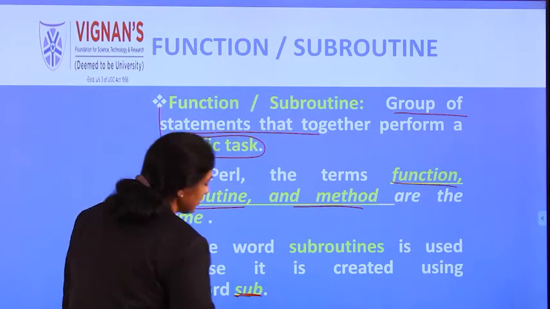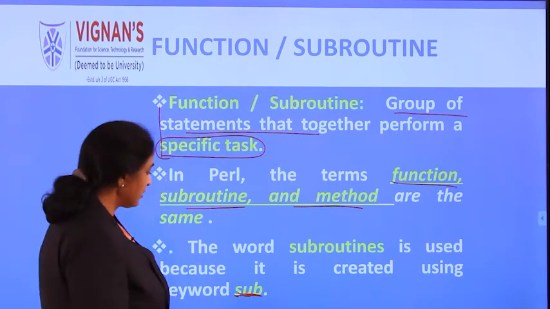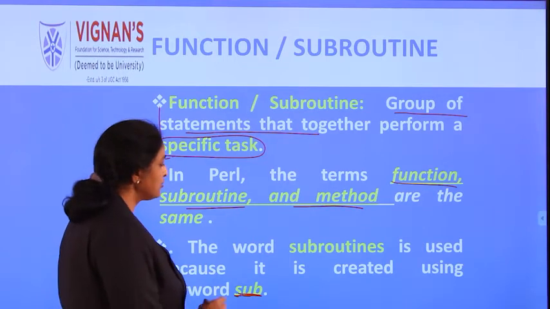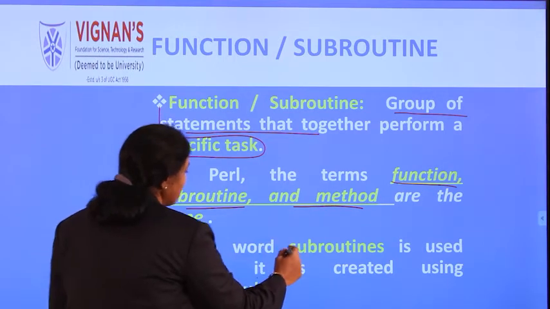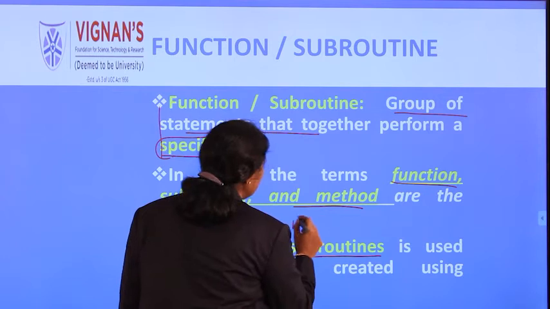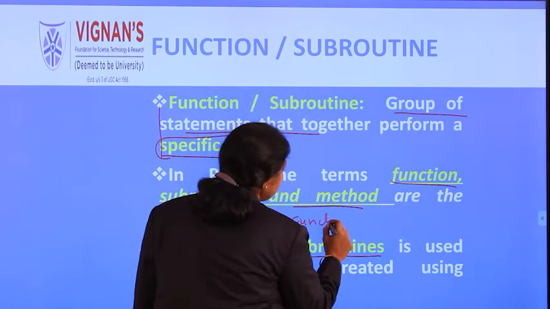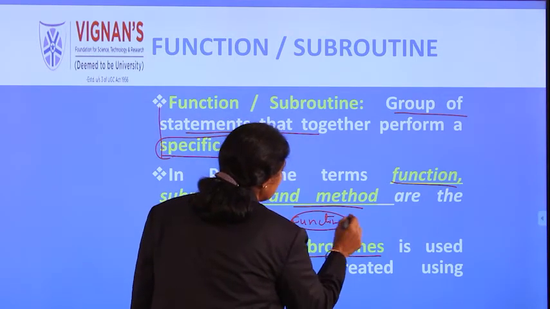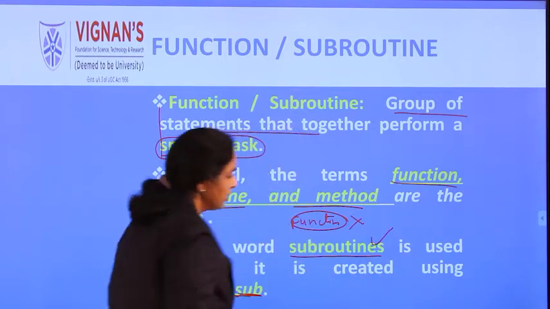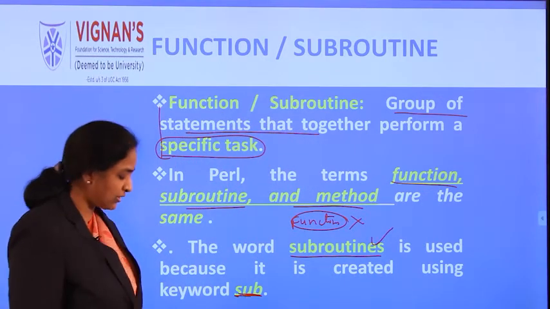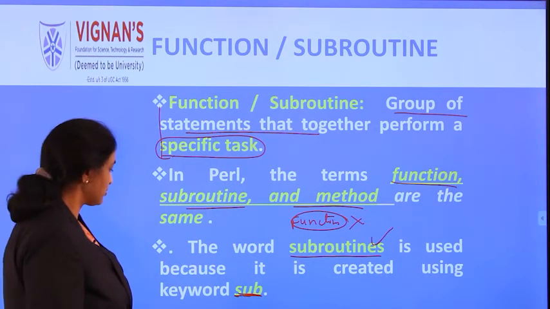It will start with the keyword sub. That is the reason why in Perl, instead of the word functions that we normally use in other languages, we are using subroutines. So we are calling them subroutines.